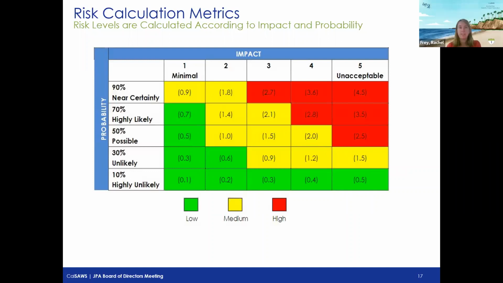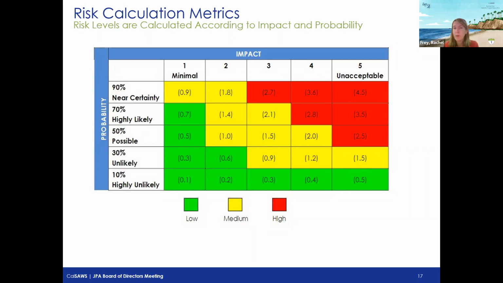Perfect. Okay, so we wanted to do first a little bit of an orientation. I know in one of the previous meetings, there was a question that when Rachel, you and Arnold present risks, you tell us what's high, medium, and low, but we would like to understand how high, medium, and low are actually determined. So I just wanted to walk through the calculation we use.